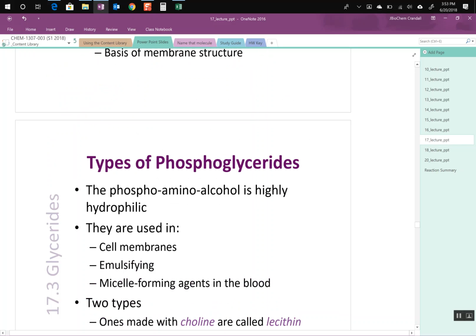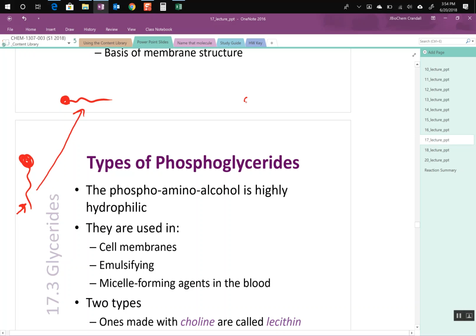So what's going to happen if I have something with a polar head and a nonpolar tail, and then something else over here with a polar head and a nonpolar tail, and they're in water? Well, this part is nonpolar, and what is it trying to do? It's hydrophobic. It's trying to get away from water. Can it? It's just in water. It can't really get away from water. So what it does is it finds these other nonpolar things, and they start to interact.